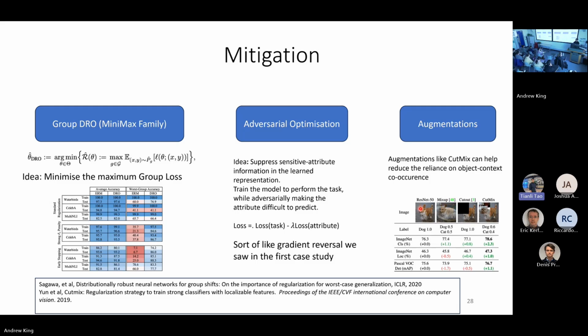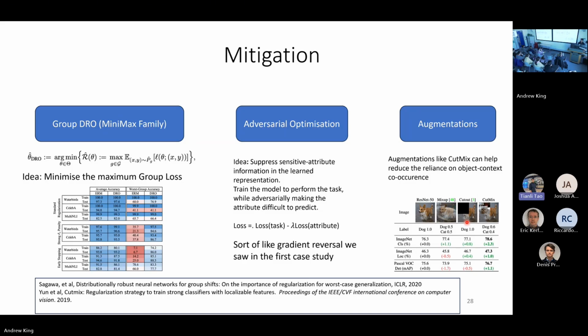So if the spurious feature was the background for dog, and it was a different background for the cat, then if we paste the cat face on top of the dog, it's breaking the co-occurrence. It improves the performance slightly, and it's shown to be better than other approaches like cutout, where we just remove that, and mixup, where we mix both the objects together.